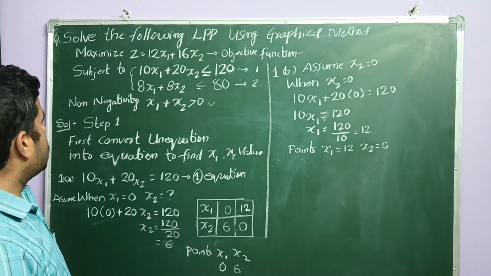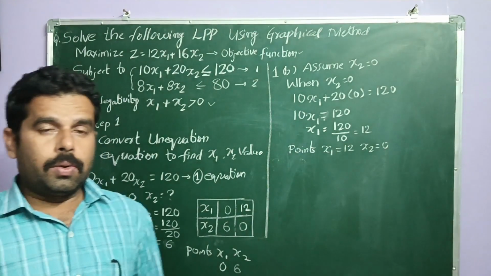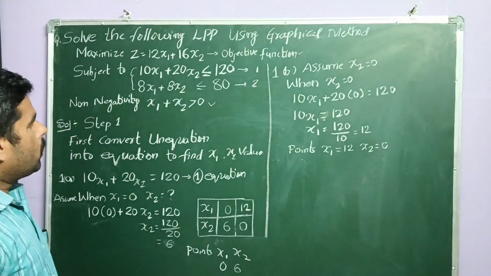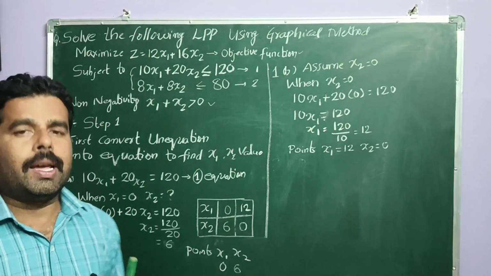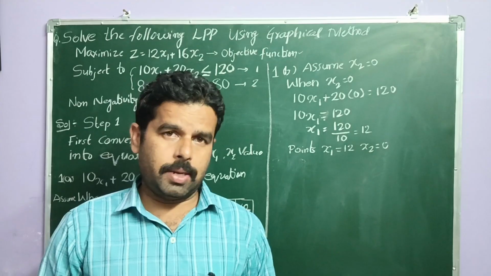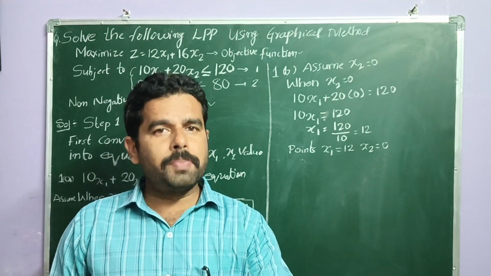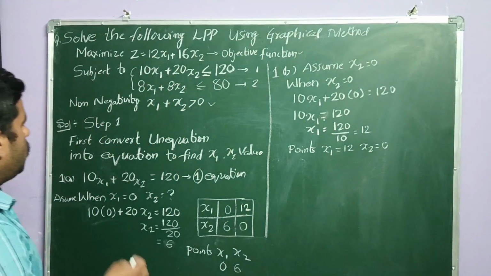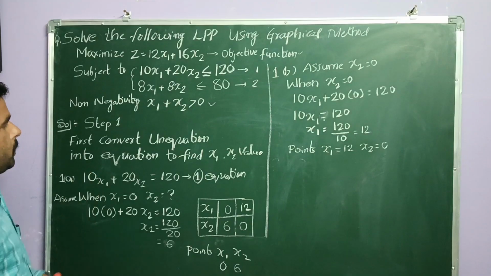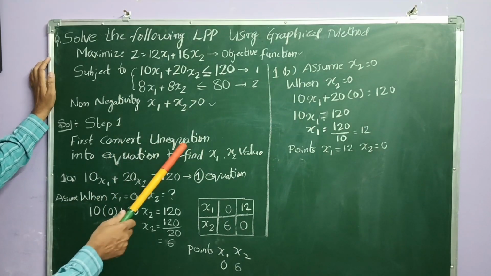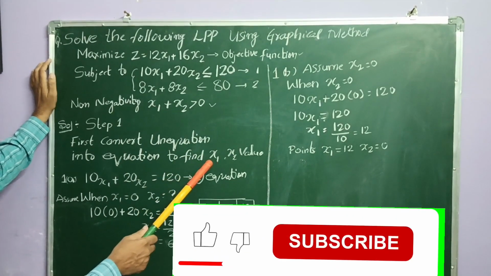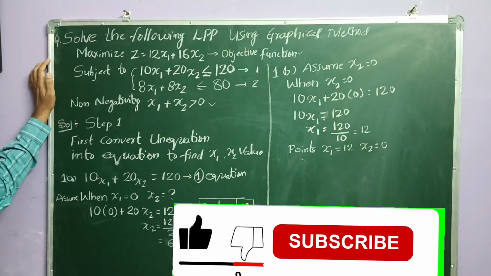In step number 1, simply we are going to convert the inequation into an equation with a small and simple step. First convert the inequation into an equation to find the x1, x2 values.